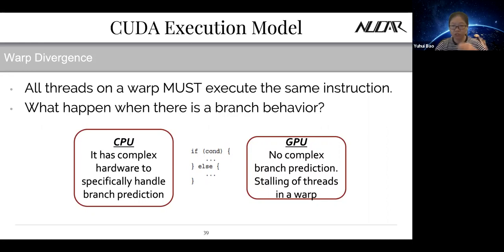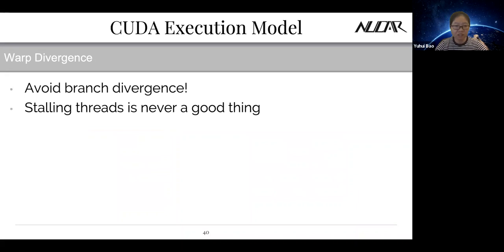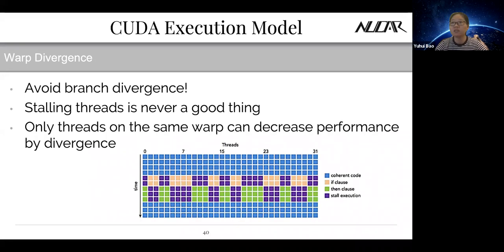But for the GPU, the way it handles branches is just stalling the threads in a warp. You can see that clearly. It causes what is called warp divergence. So there are 32 threads, but when they are in the blue.